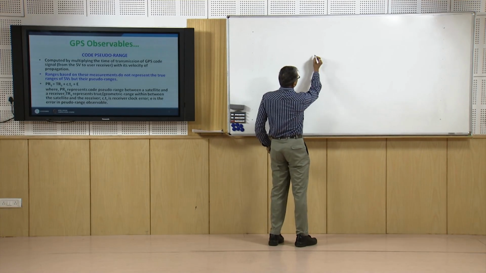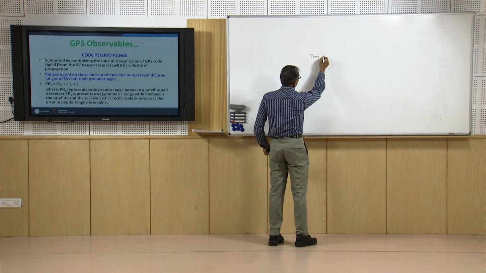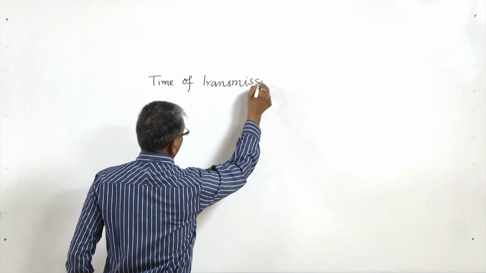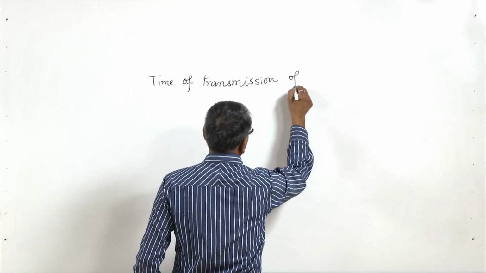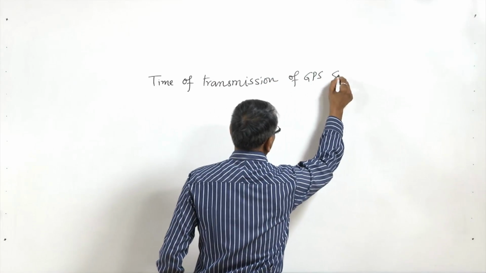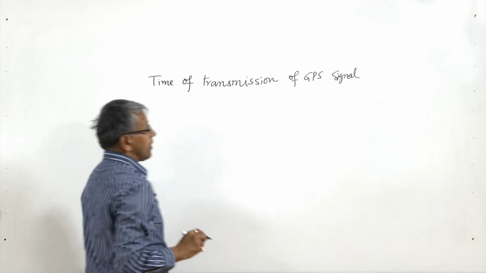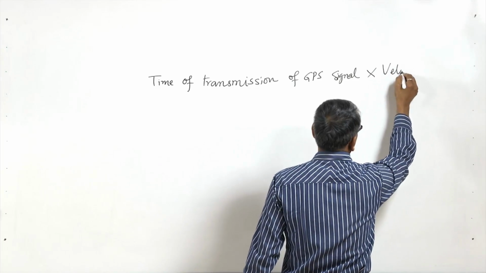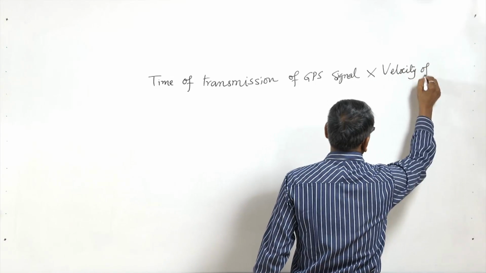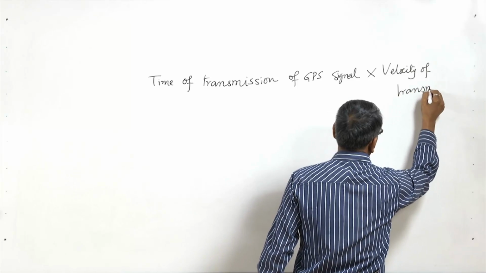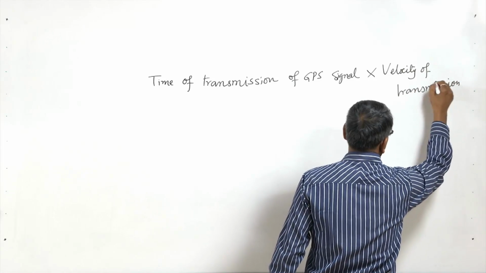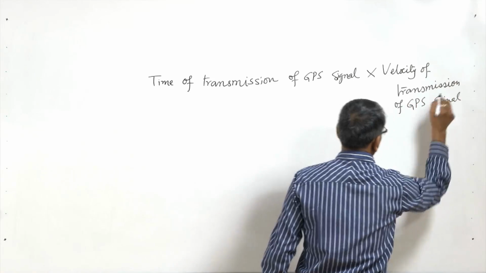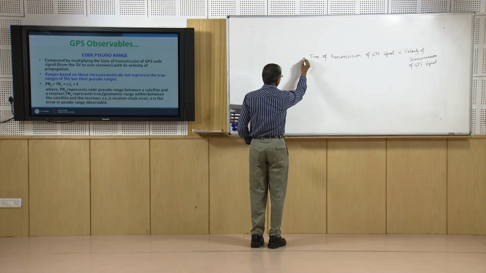So it is the time of transmission of the GPS signal multiplied by the velocity of transmission of the GPS signal. Now this provides us the range.